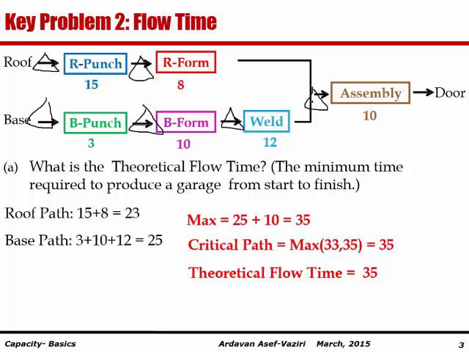Therefore, the ratio of flow time to theoretical flow time usually is quite high, something around 10 times, 20 times, 100 times, 200 times, and things like that. When you go to see your doctor, maybe you see him for 5 minutes, but from the time that you go there until the time that you come out, it may take 2 hours.